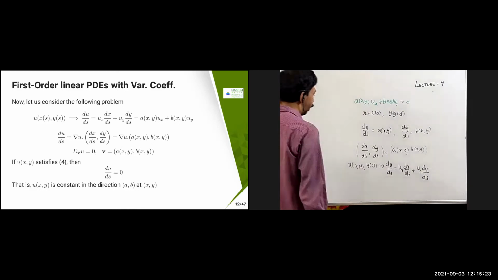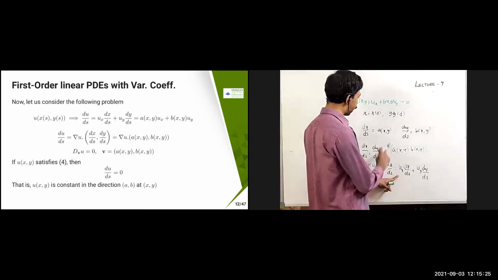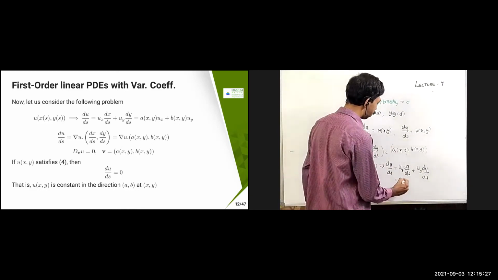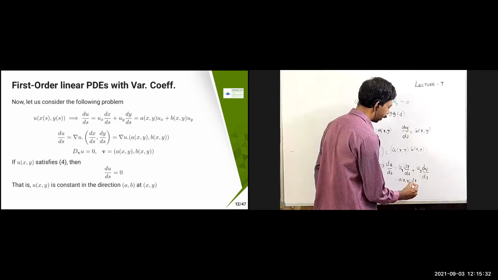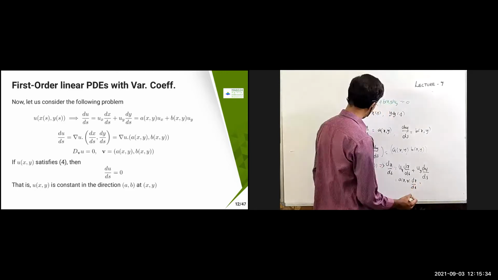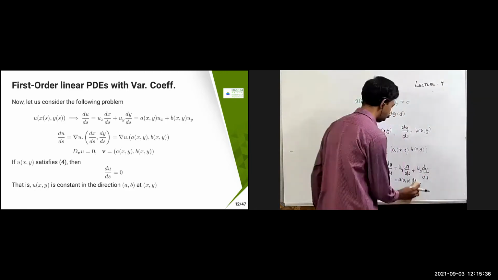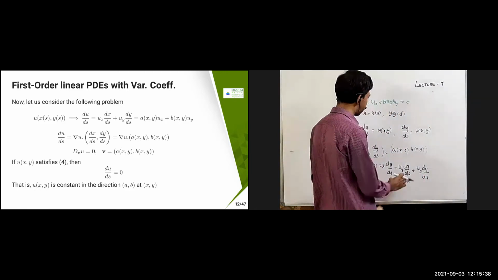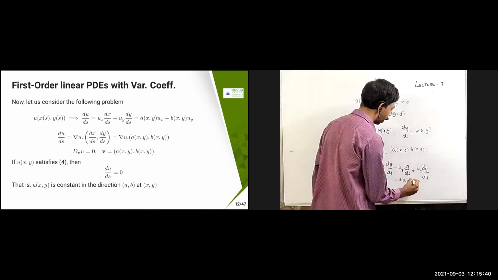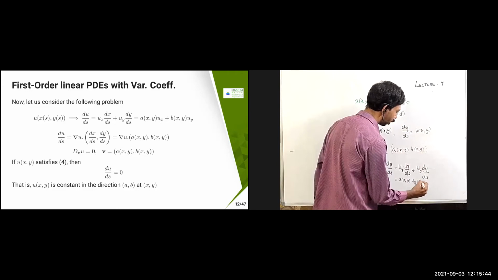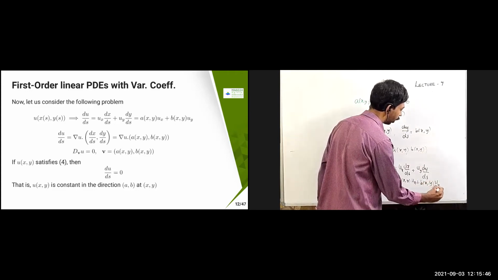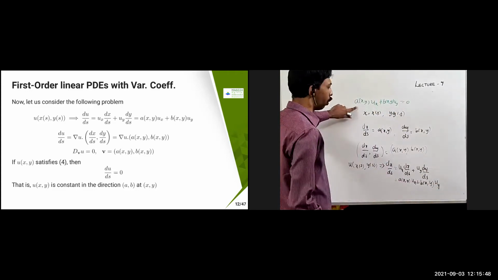But what is dx/ds? dx/ds is a(x, y). So a(x, y) into u_x. dy/ds is b(x, y), so b(x, y) into u_y is going to come, which is nothing but the same as this one.